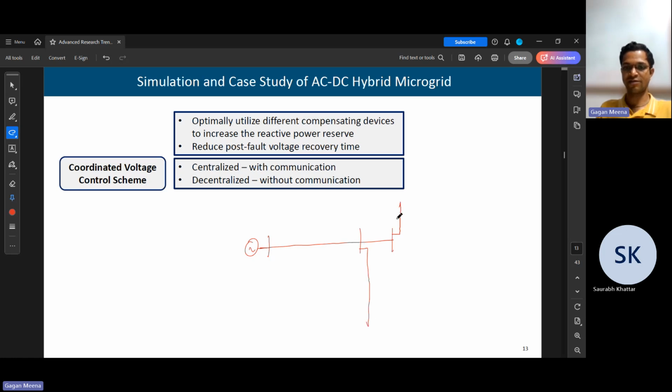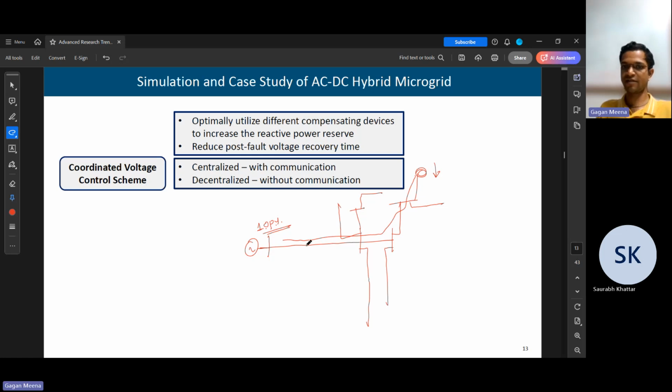We have laterals, so many laterals, and many feeders. Long feeders are there. So suppose the voltage at the substation is 1 per unit. But as we move along the feeder, especially to the far end of the feeder, the voltage reduces significantly.